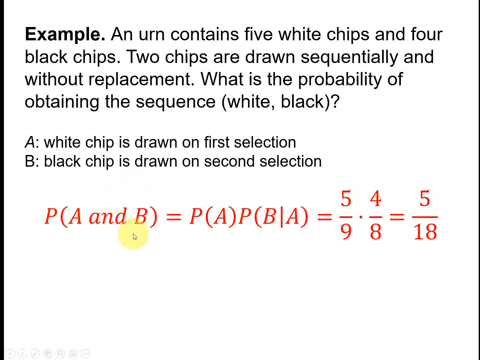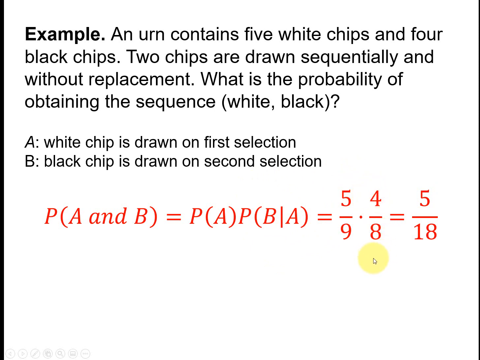Probability of A and B equals, by the general multiplication rule, probability of A times probability of B given A. We know that there are 9 total chips in the urn and 5 white, so 5/9 times the probability of B, that a black chip is drawn on the second selection given that the white chip was drawn on the first.